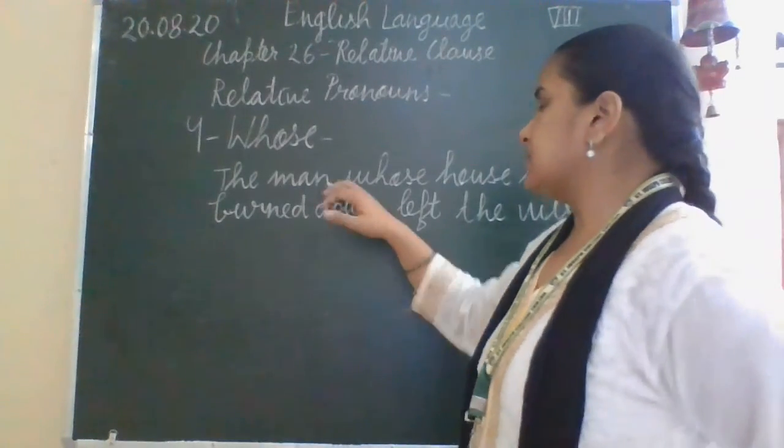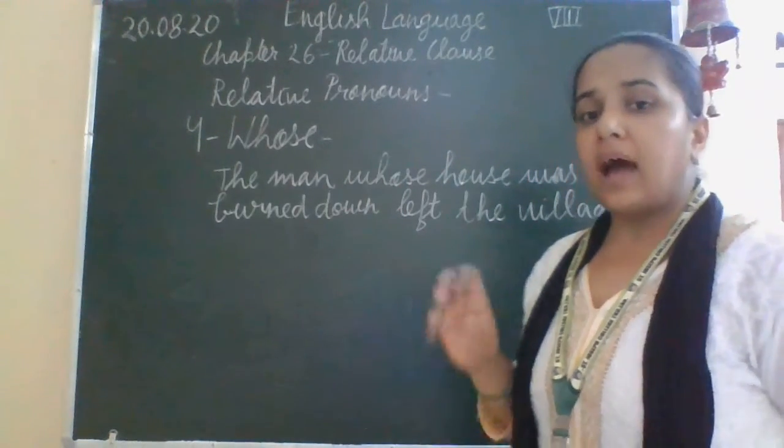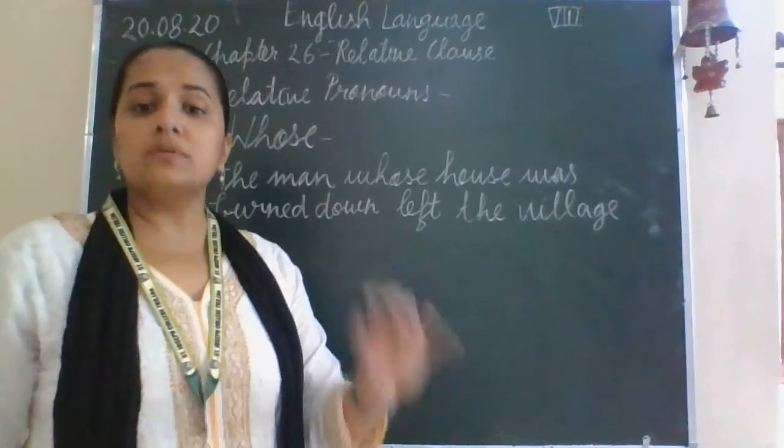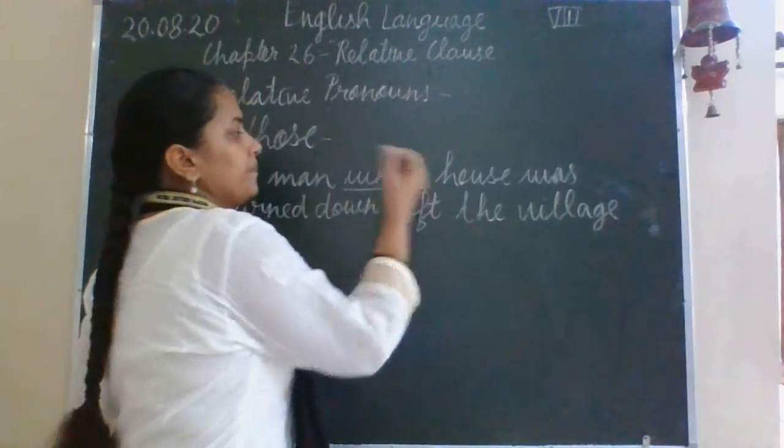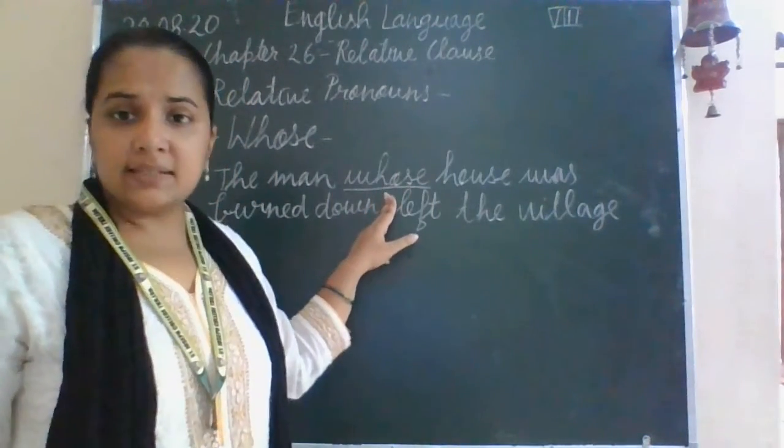Here it means there was a house of a man and that house was burned. So after the burning of the house, the man left the village. So whose is used as the possessive.